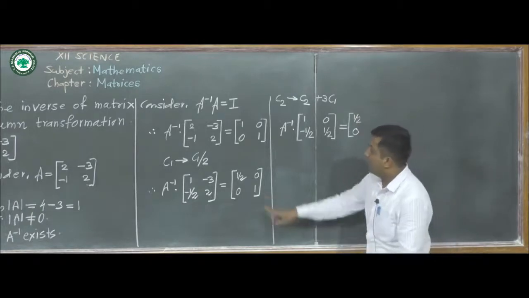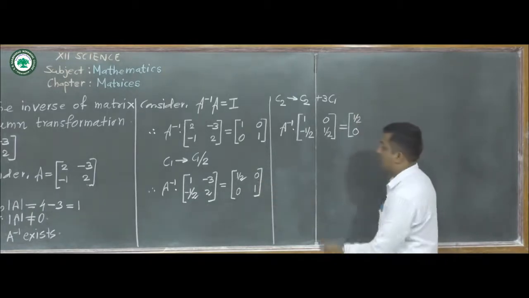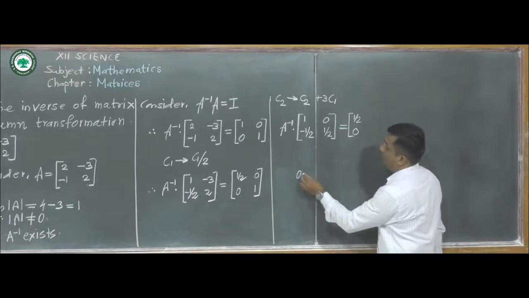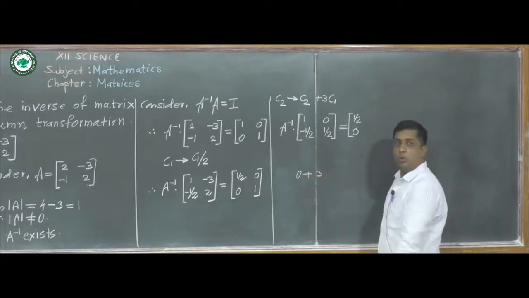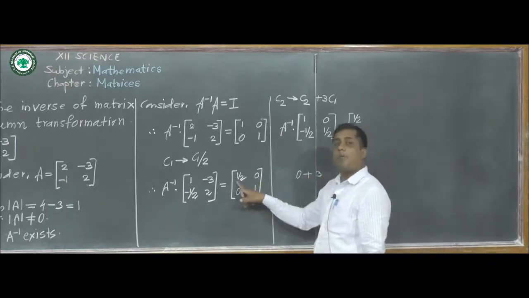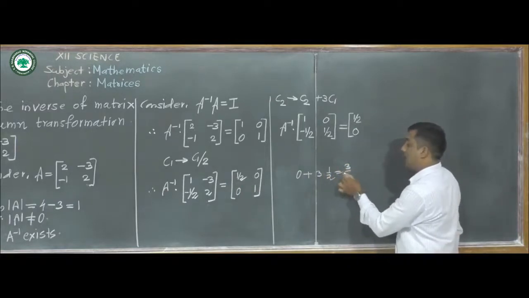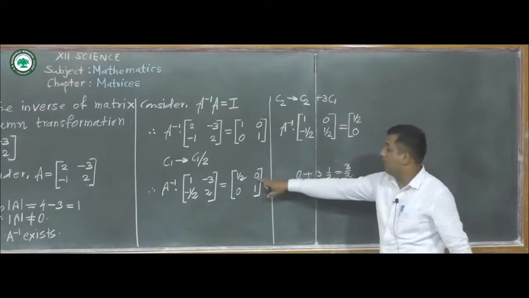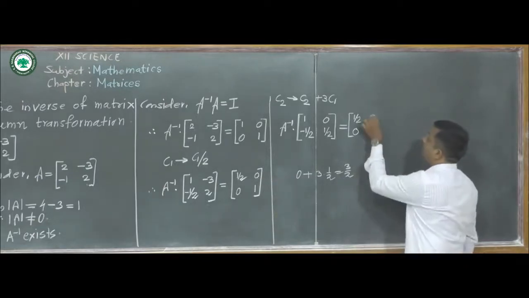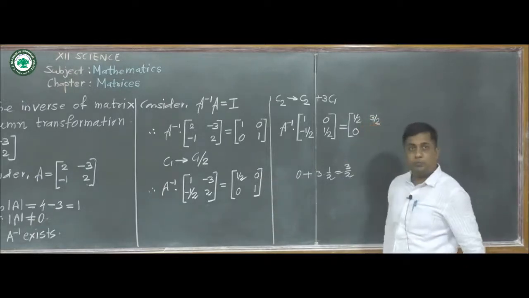Now the first element of column second is 0, plus 3 into the first element of column first, which is 1 upon 2, so we get 3 upon 2. So in the position of 0 we get 3 upon 2.